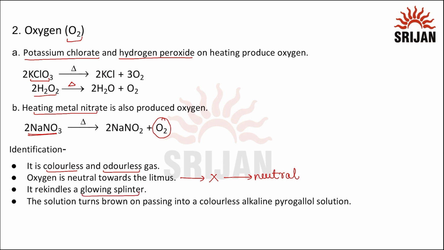So whenever a glowing splinter comes in contact or closer to oxygen, you will always see that it glows more. When we talk about alkaline pyrogallol solution, it is colorless. But if oxygen is passed through the solution, you will see that the solution turns brown.